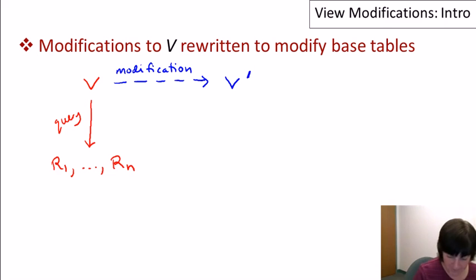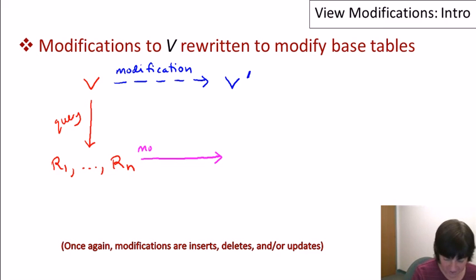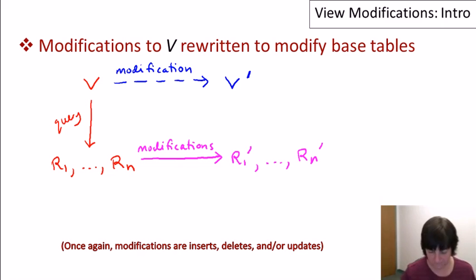What needs to happen is down here at the bottom, that imaginary modification to V has to be translated to actual modifications on the base tables R1 through Rn. So now we modify one or more of the base tables to R1 prime through Rn prime.